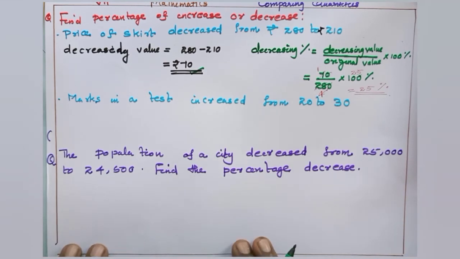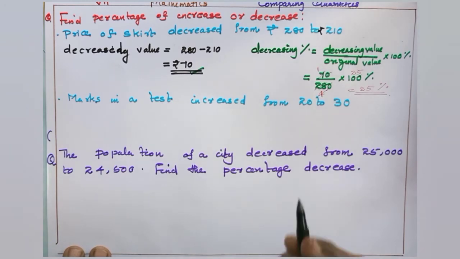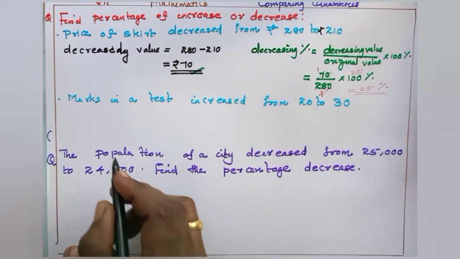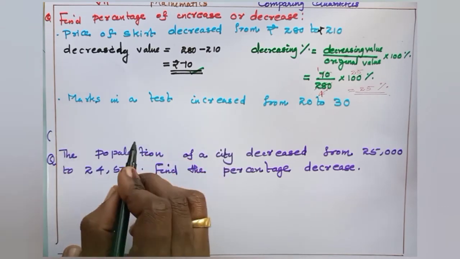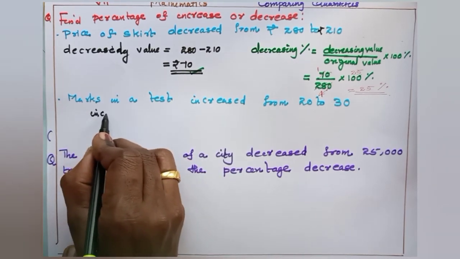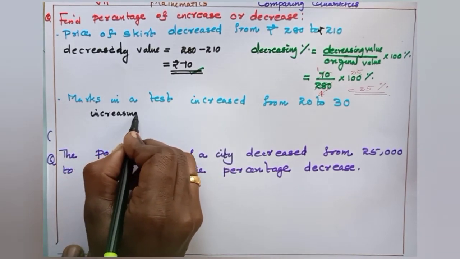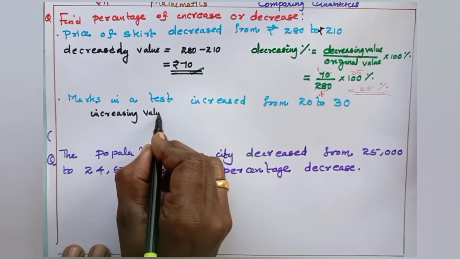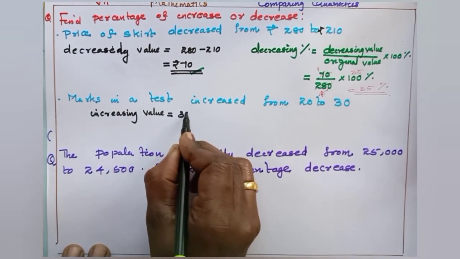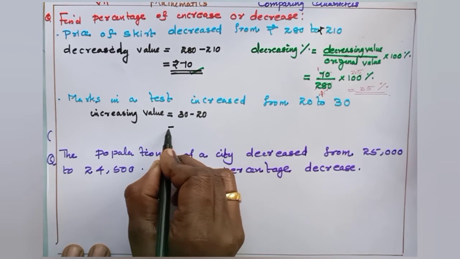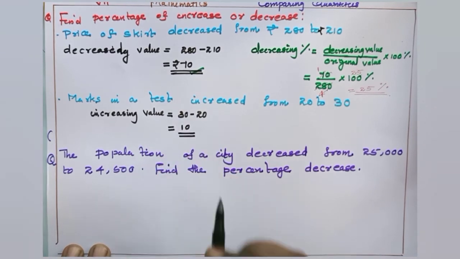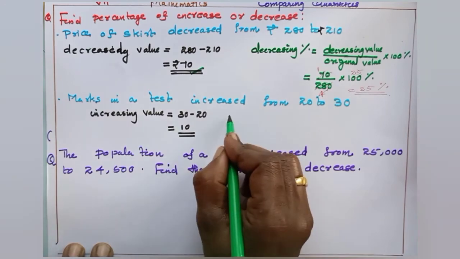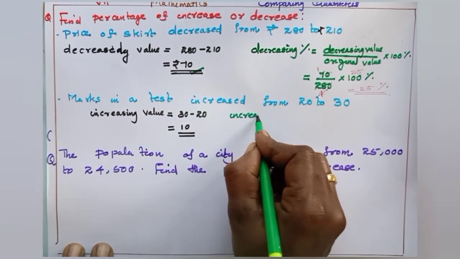Listen to the next question. Marks in a test increased from 20 to 30. So here we want to find the increasing value, which is 30 minus 20. Okay, so we get 10 marks. Then find the increasing percentage.